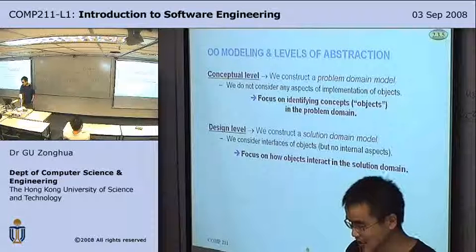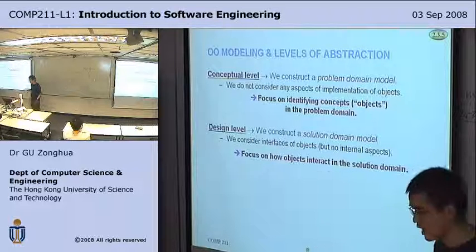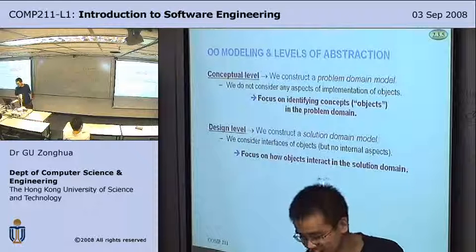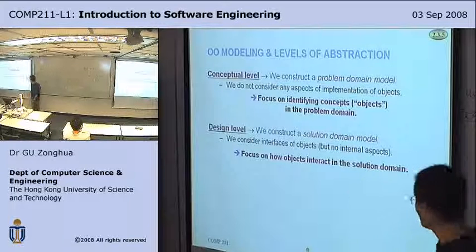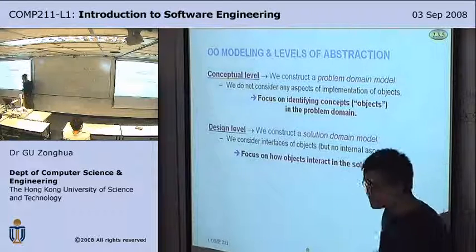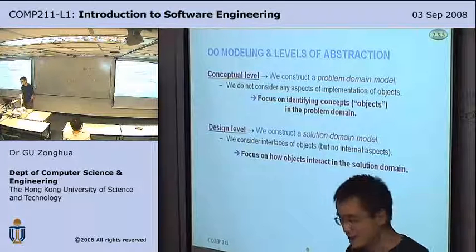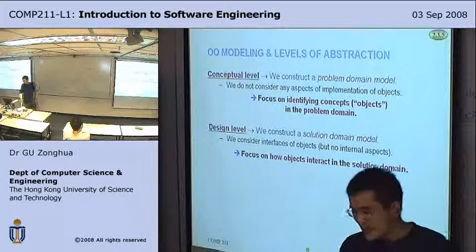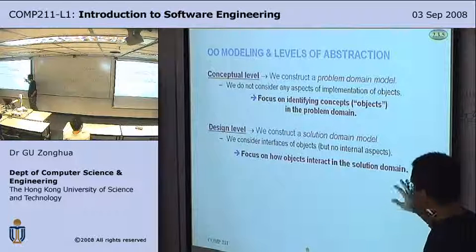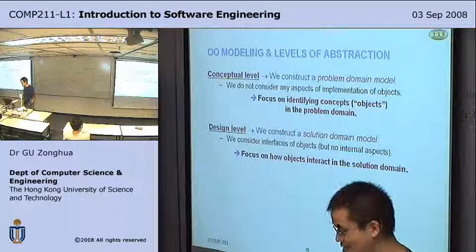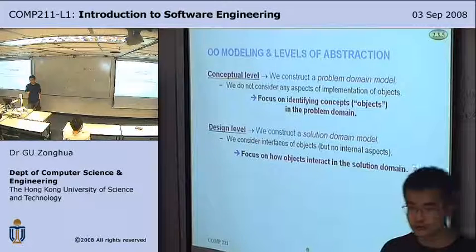Design model is the second stage model, more concrete and less abstract, where we construct a solution domain model, i.e. a software model. At this stage, you design the interfaces of objects, but not internal aspects. There is no implementation yet. You just describe what interface this object is supposed to provide to the other objects.